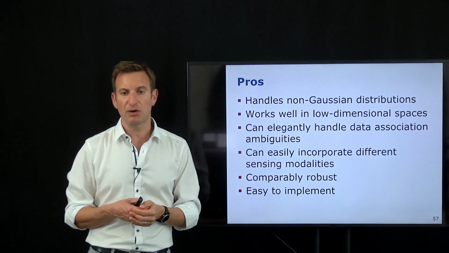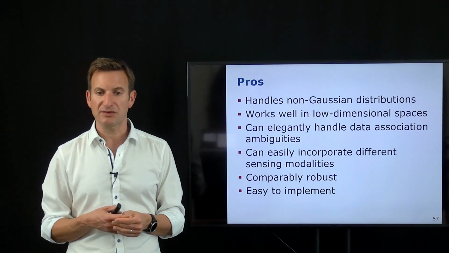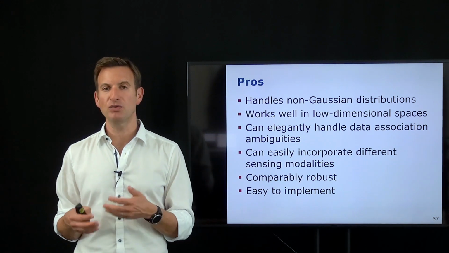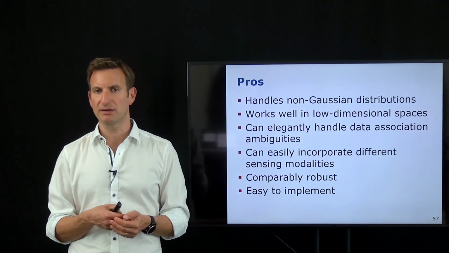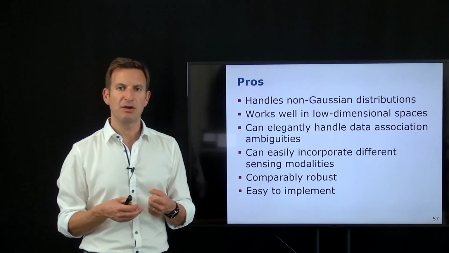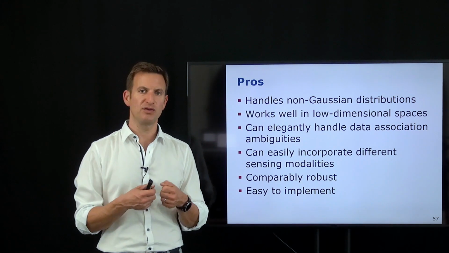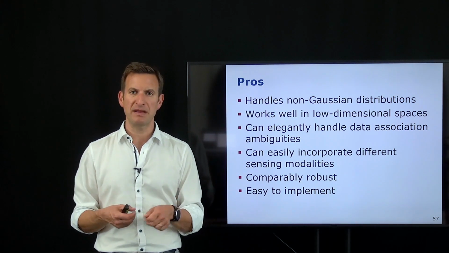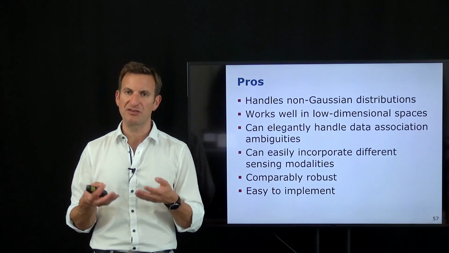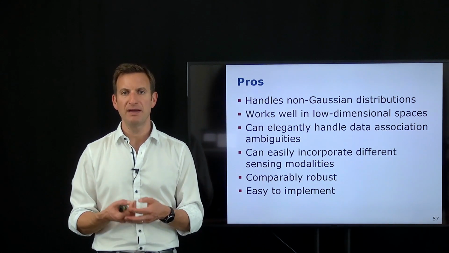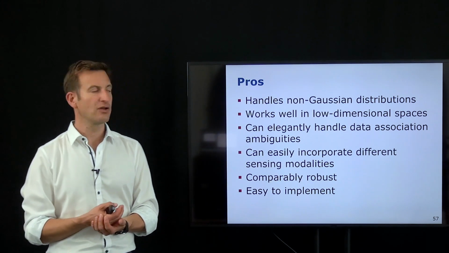It can also be used to very elegantly handle data association ambiguities, because you can make your own data associations for every particle. So you can very easily make particle-dependent decisions and see which particle survives and does the best estimation job, and this way incorporate additional knowledge very easily into those particles.